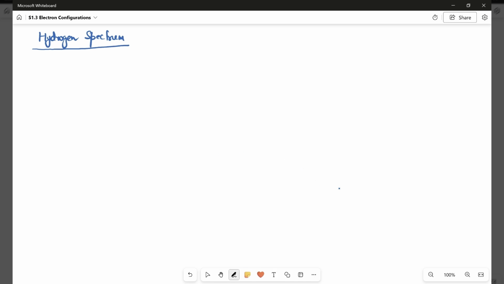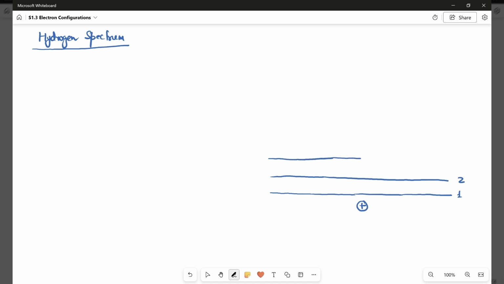Let's say, suppose this is the ground level, this is the nucleus. Let's say this is level 1 or shell 1. This is shell 2. This is shell 3. This is shell 4.